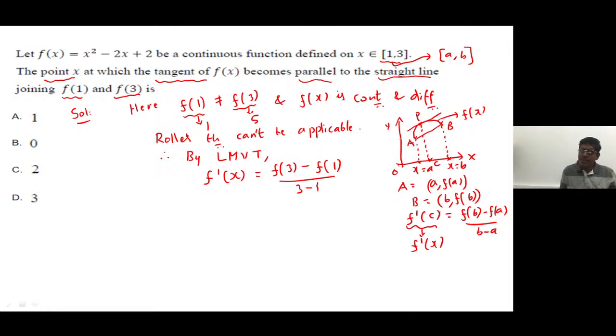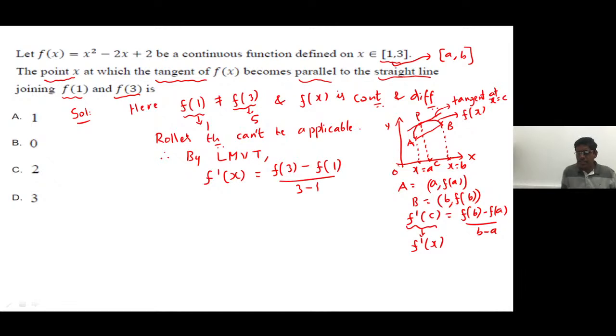So the tangent at x equal to C, where x is a variable and one of the points I took is C, is parallel to the straight line joining A and B. What is the slope of the straight line joining (A, f of A) and (B, f of B)?